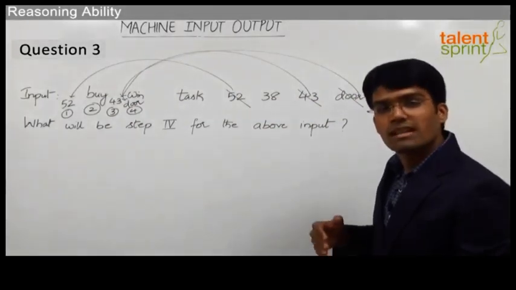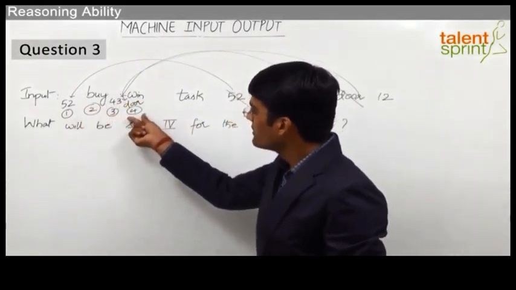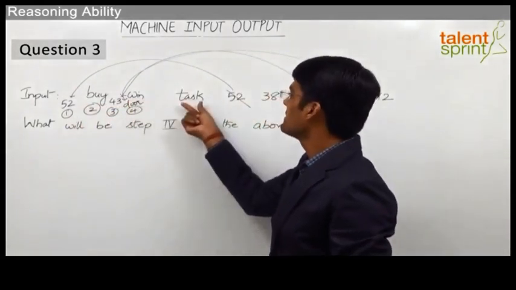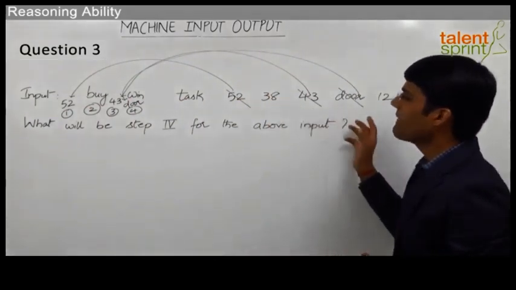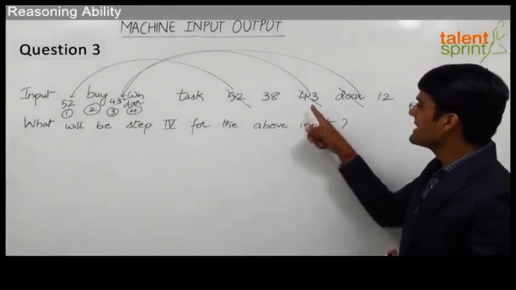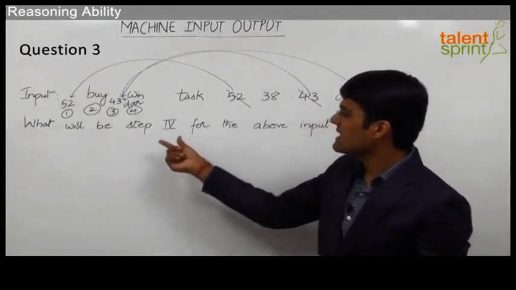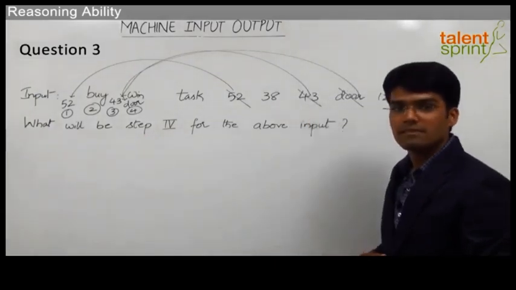So far the output looks like 52, by, 43, door, followed by when, task, 38 and 12, as these elements have been moved to their proper places. And so far we have finished 3 steps. But as the question is asking what will be step 4, we need to find out the next step after this.